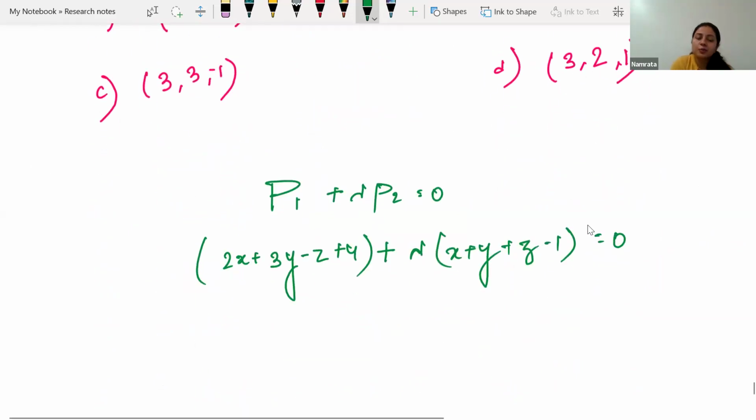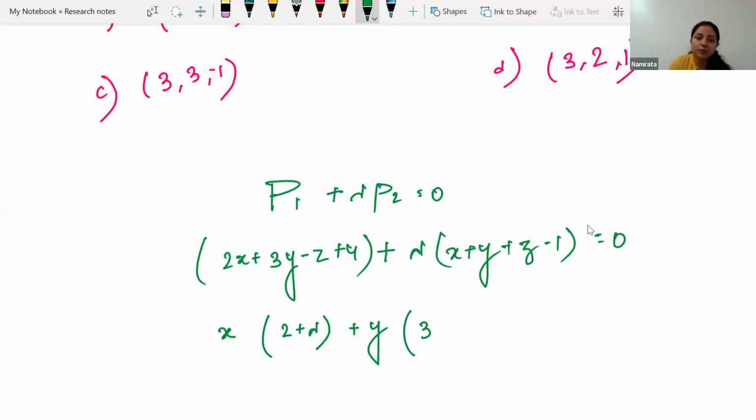So our equation of plane will be, if we take the coefficients, x coefficient will be 2 from here and then plus lambda. The y coefficient will be 3 from here and then lambda y.